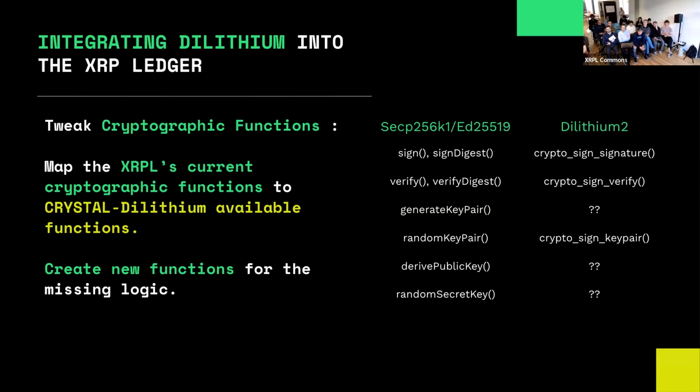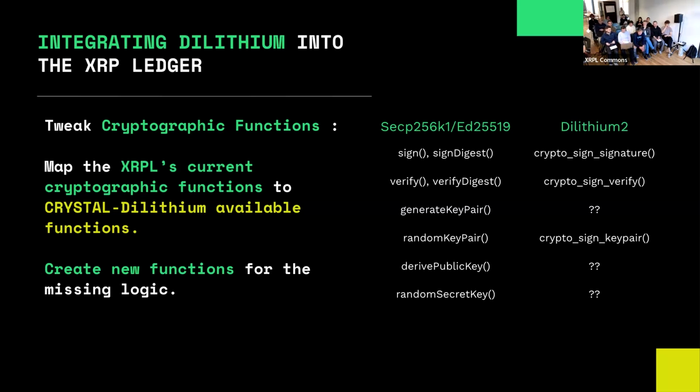The question marks you see on the screen were the functions which were not available easily in dilithium. So we had to create some of these functions using our own logic, to match the names of the functions you see on the left side of the table.